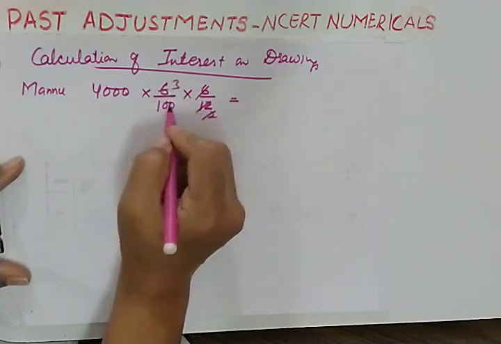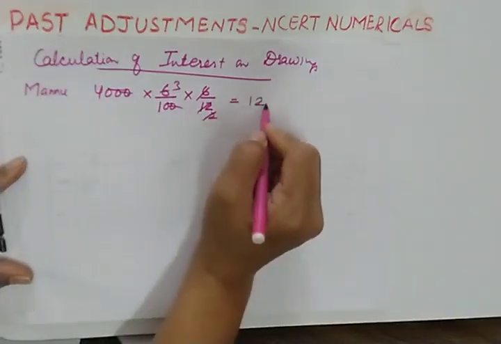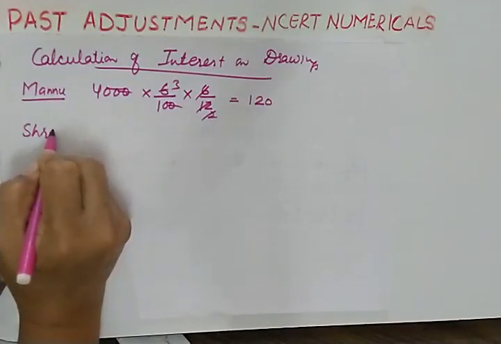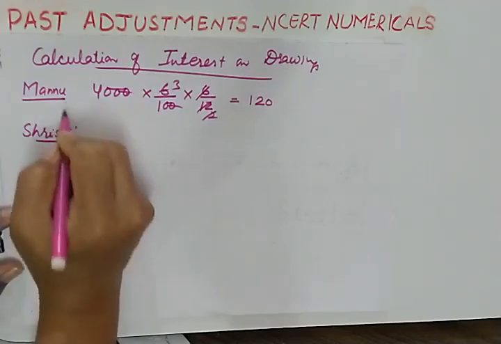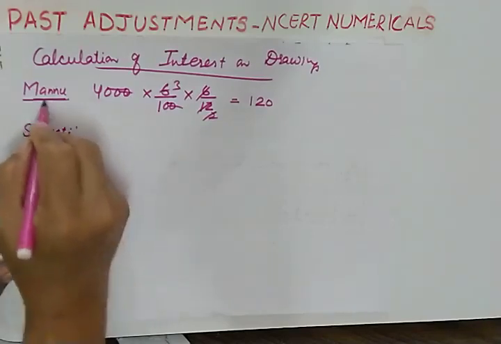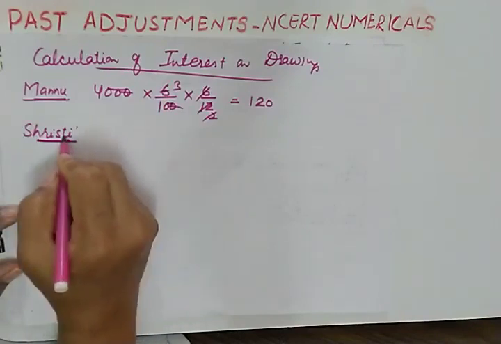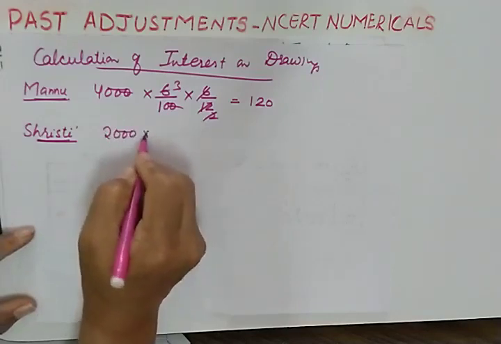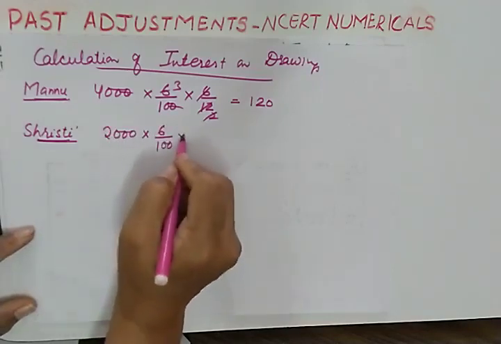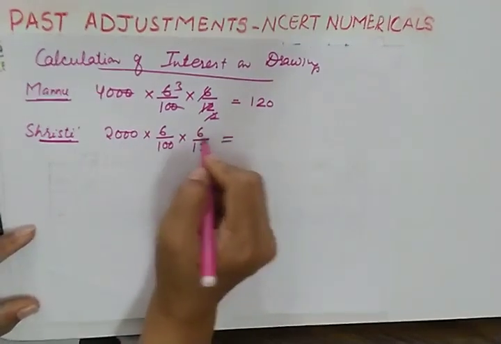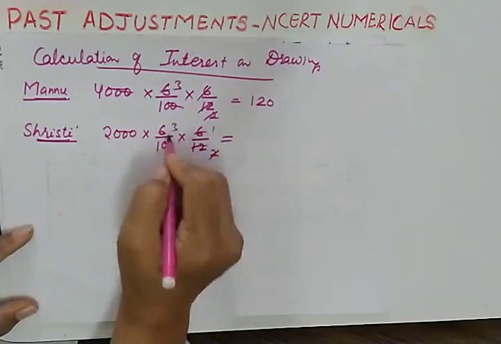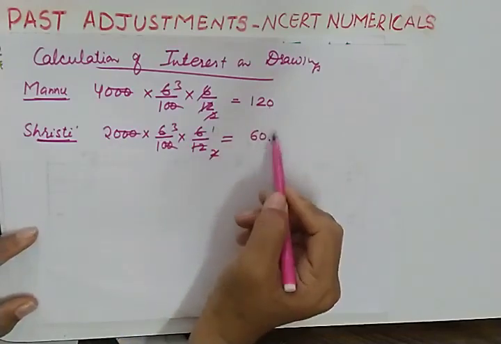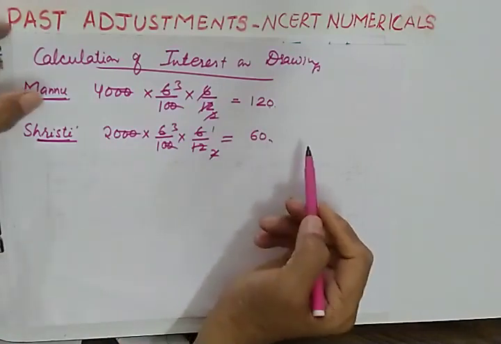If you solve this, you will get 120. Similarly, you can calculate interest on Srishti's drawing: 2000 into rate into 6 upon 12. This will give you 60.